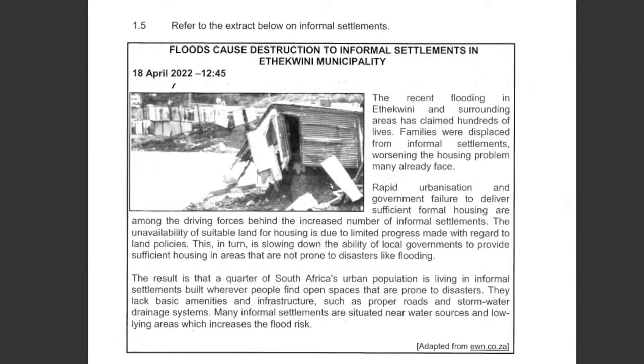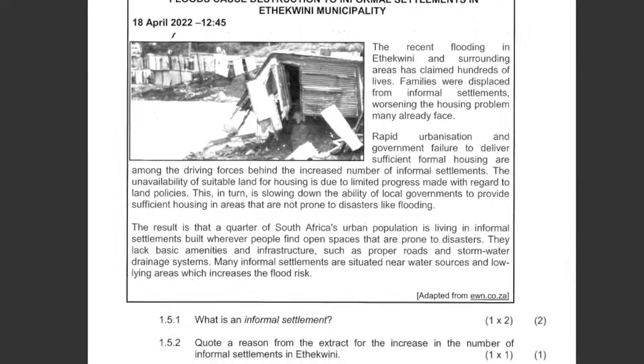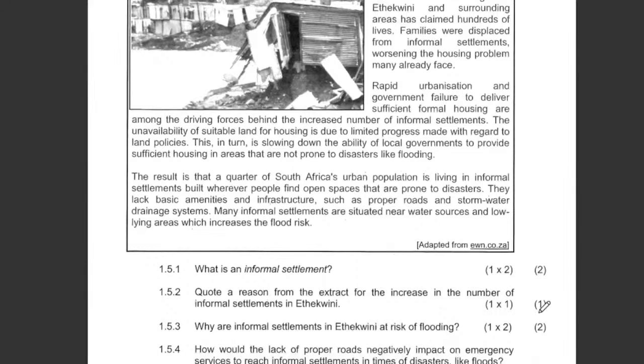Okay. We got the question: what is informal settlement? Informal settlements are built-up areas that are unplanned, and houses are not compliant with the current planning and building regulations.